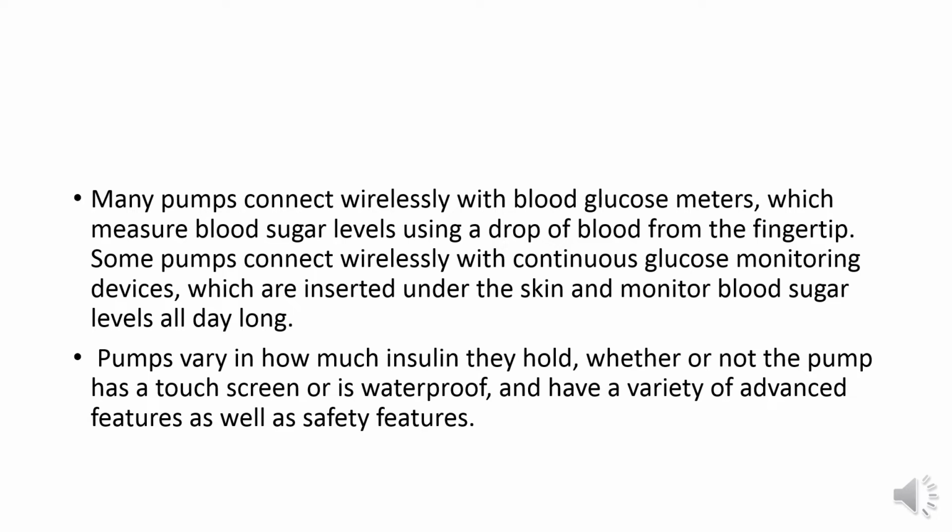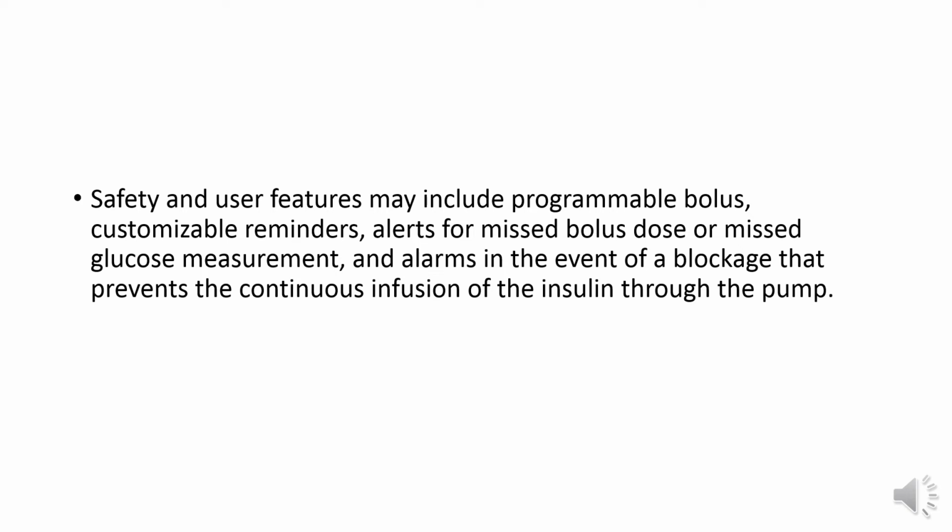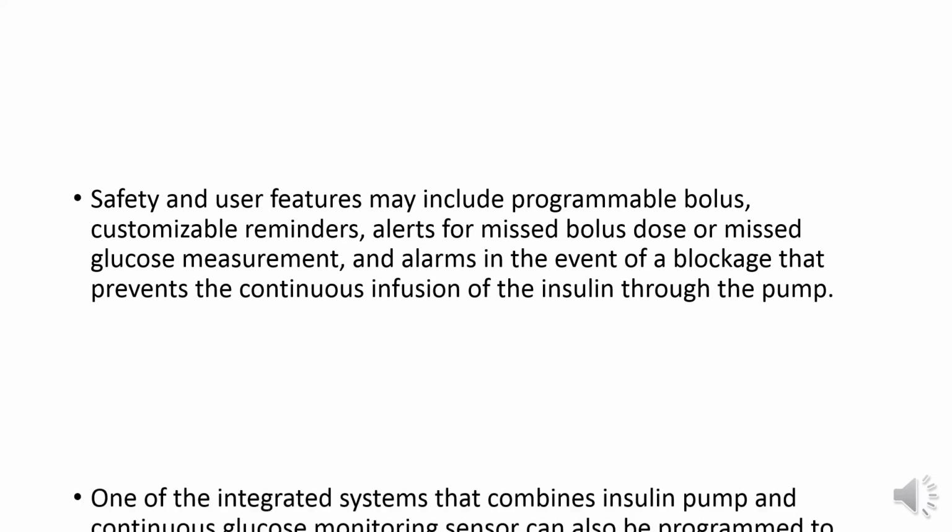Based on that, we connect wirelessly with a blood glucose meter, so we can measure the patient's blood sugar level through the insulin pump. We also use some safety features, so the patient will recover easily through the insulin pumps.